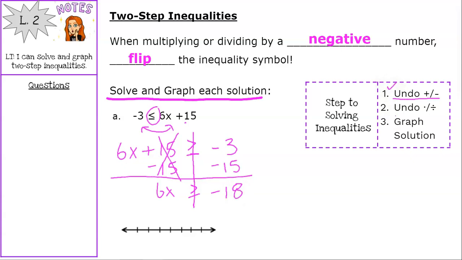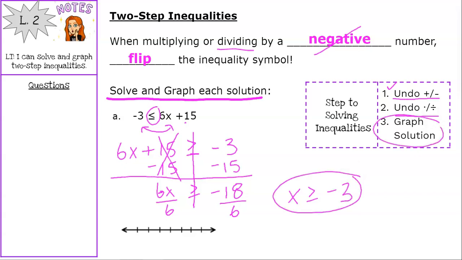Now we have step 2, undo multiplication and division. We have 6x, so we're going to undo that with divide by 6. Since we are dividing by a positive, not a negative, we don't have to worry about flipping the sign. So our answer is x is greater than or equal to negative 18 divided by 6, which is negative 3.